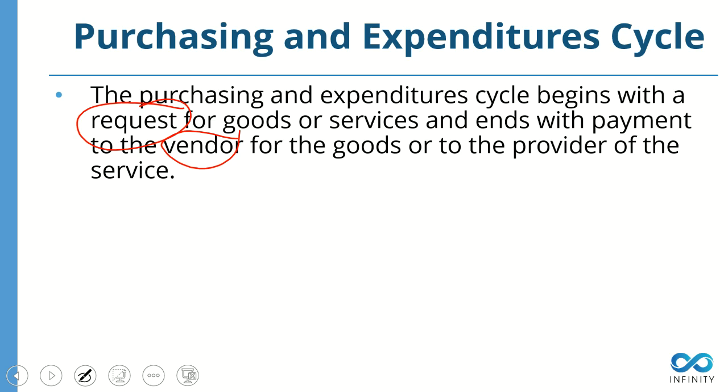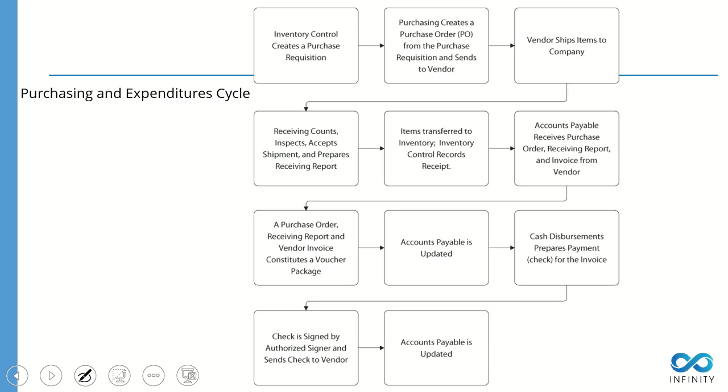That request has to go through different processes using your accounting information system, and then you will buy this laptop and pay for it. What processes will you go through in the AIS? That's what we are going to see in the next slide.